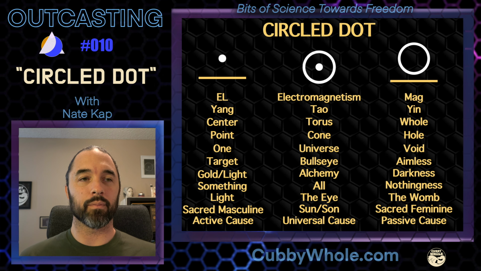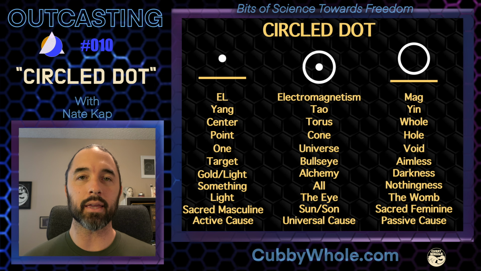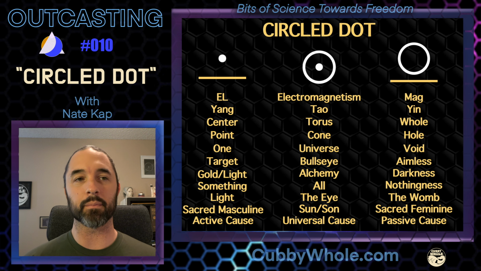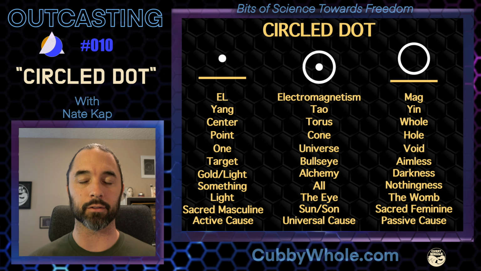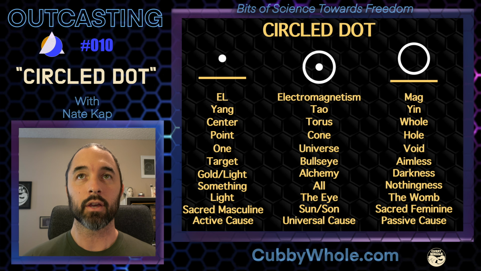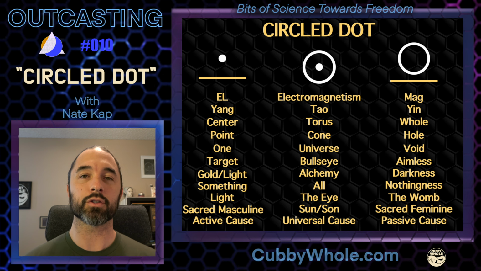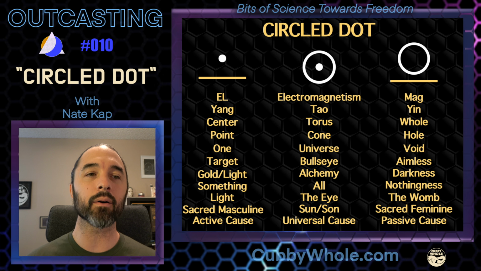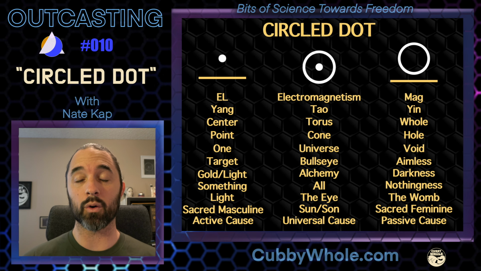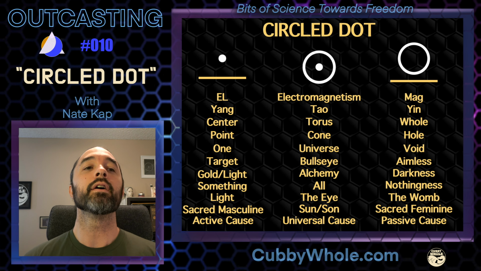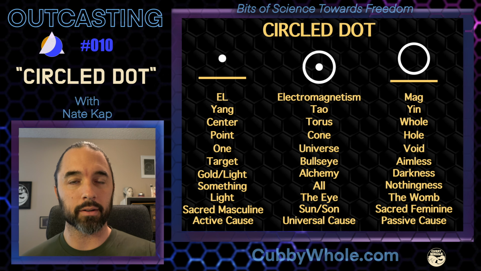So then you have alchemy. Now, alchemy is probably the most important part of understanding the circle dot. And actually, historically, the circle dot is associated with alchemy. Now, alchemy is about going from darkness to light.